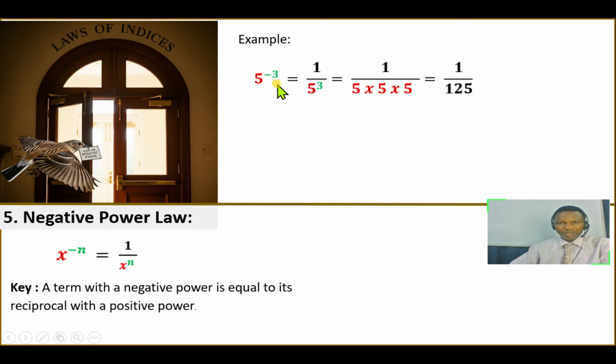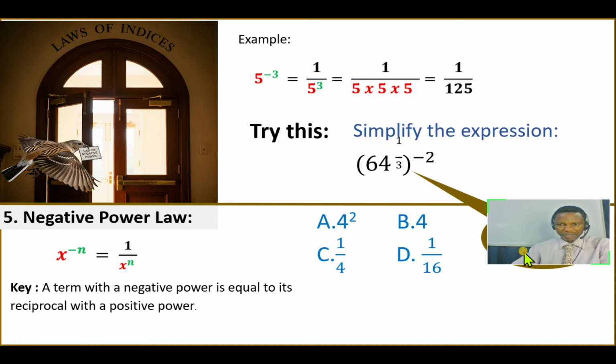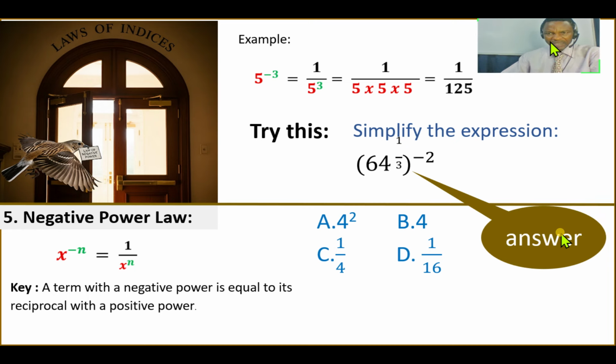For example, what is the value of 5 raised to the power negative 3? Take the reciprocal: 1 all over 5 raised to the power 3, positive power. 5 raised to the power 3 is 5 multiplied by 5 multiplied by 5. So that will give you 1 over 125.